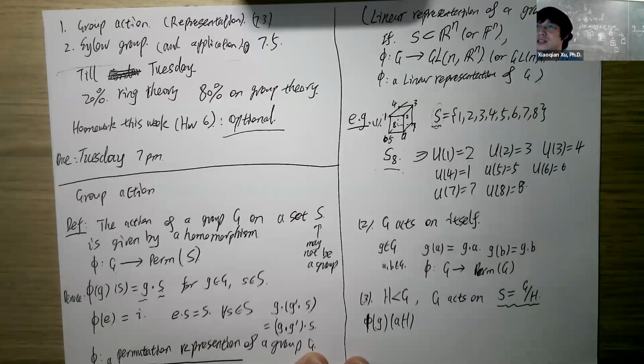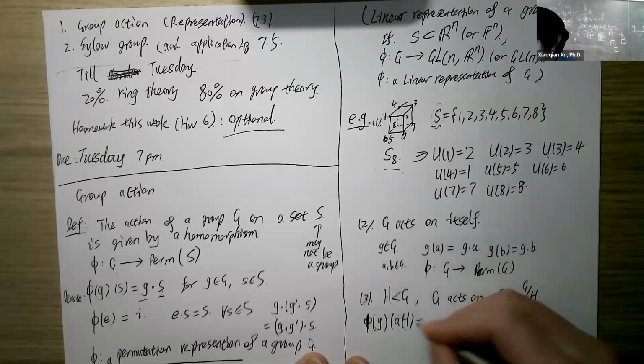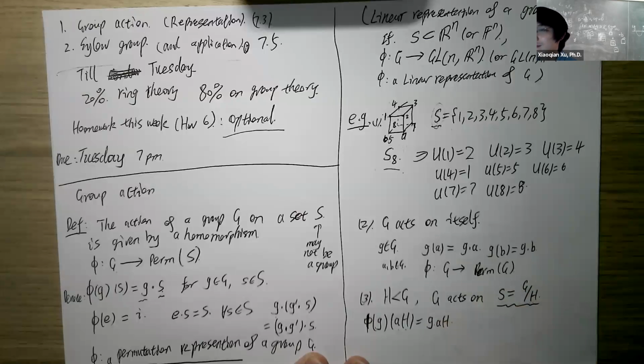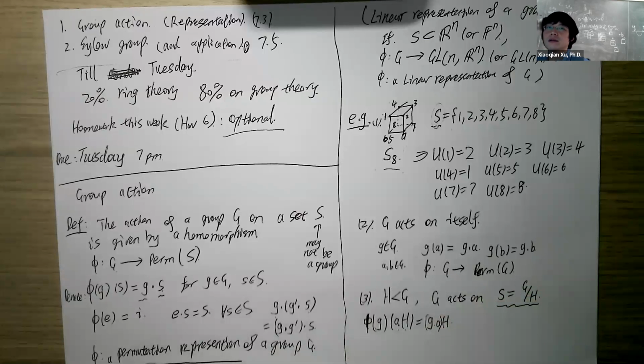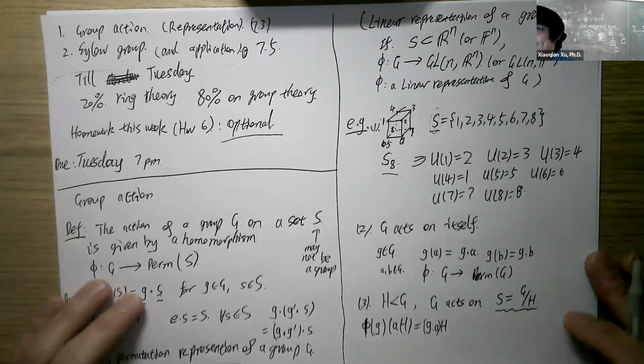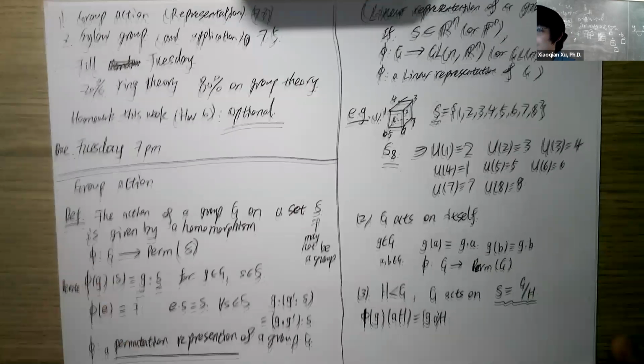It's not an element in G, it's a coset of H. It's equal to g times aH. Right? This is the most natural way to define the group action on these cosets. You're trying to do something like a permutation of your cosets. Okay? Any question?